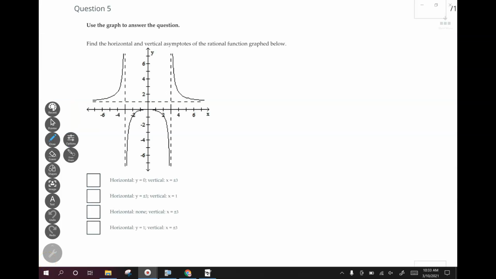Skipping over to number 5, they're asking for the horizontal and vertical asymptotes. So vertical asymptotes, right here and right here. If you have trouble remembering whether that should be an x equals or a y equals, you may have learned this in Algebra 2, but it's a little trick to remember: HOY-VOX.